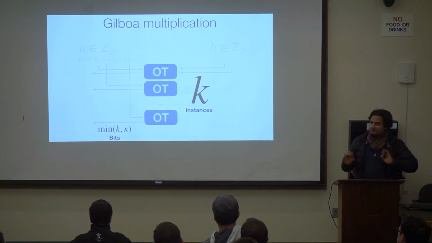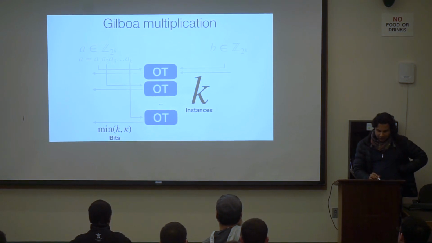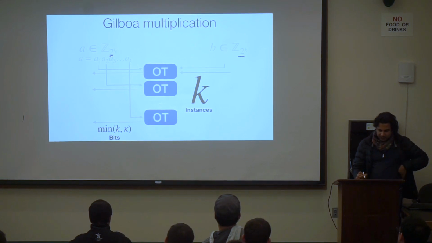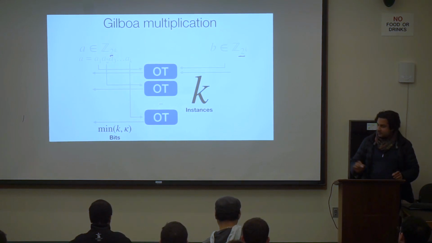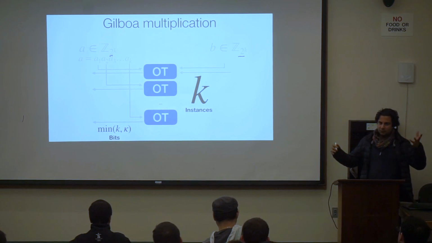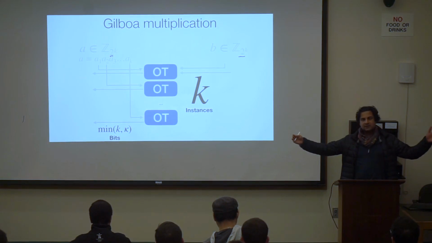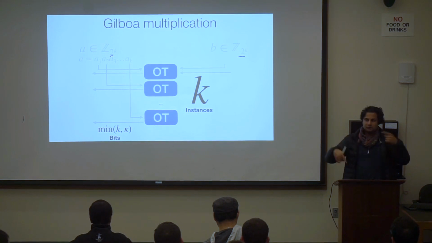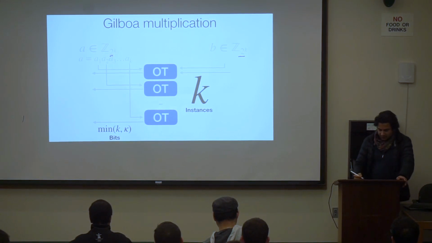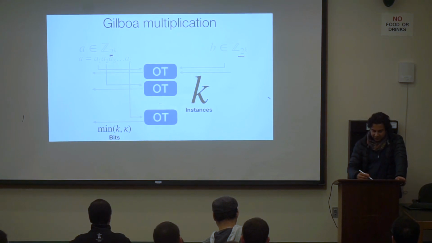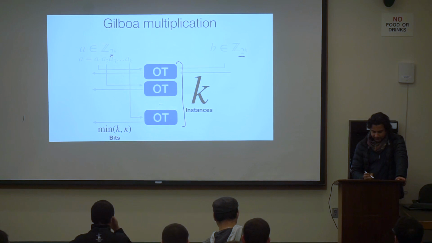So this is the critical point here, why the CRT helps. To do a k-bit multiply, I'm saying that A is in 2 to the k here, but we can work in bigger rings. That's fine, and we can work in such a large ring that the inputs won't wrap around. So the important point is that if the inputs are k bits, then we have to do k OTs, okay?